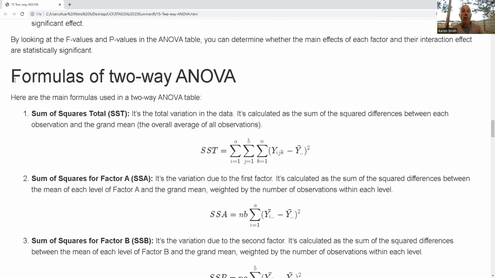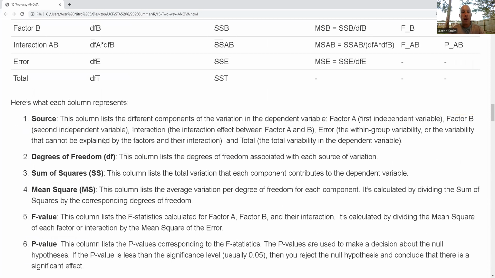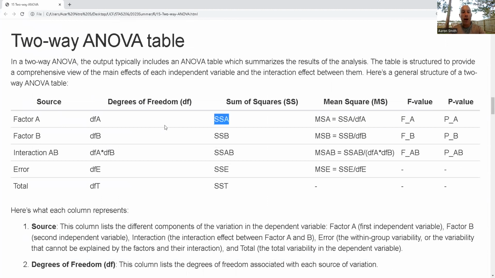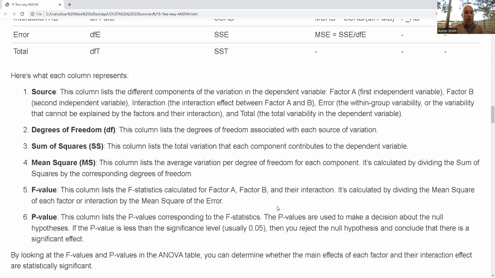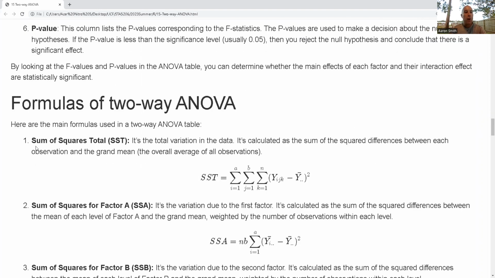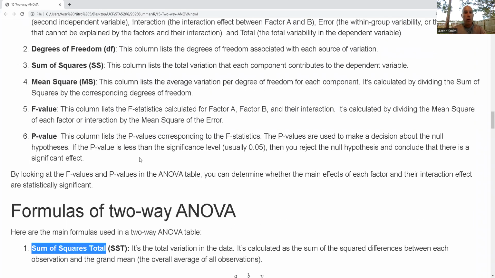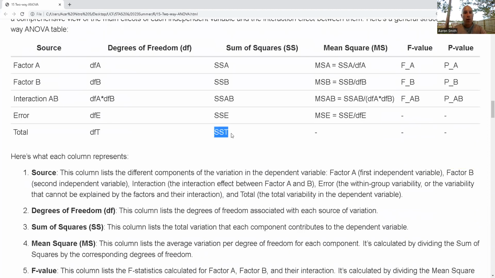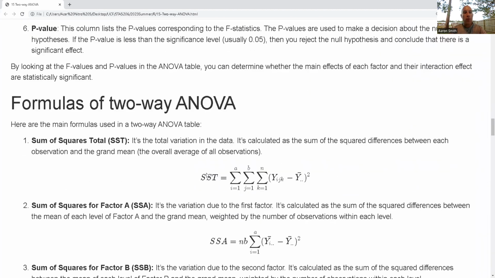All right, now the formulas for two-way ANOVA. You'll notice that in the table, I didn't write out all the details here. I kept it rather terse just because it gets kind of complicated. I went ahead and slapped it down here. So here's my sum of squares total, right there. This is the total variation, or this corresponds to the total variation of data.